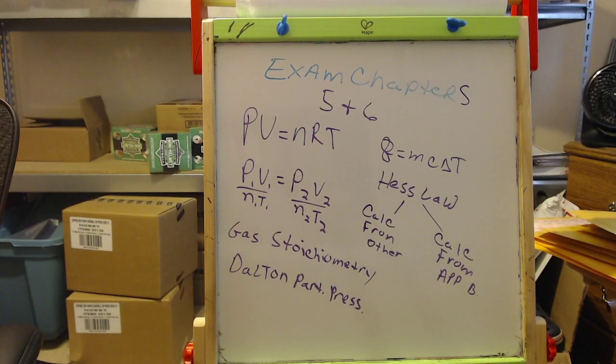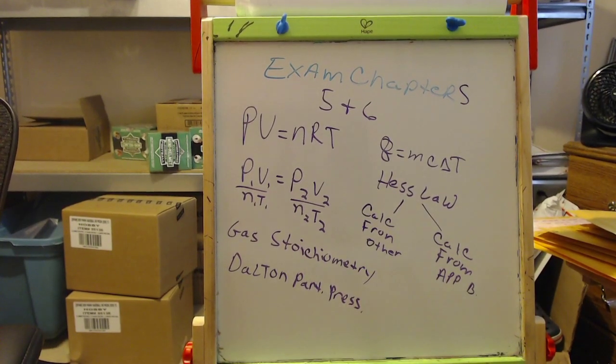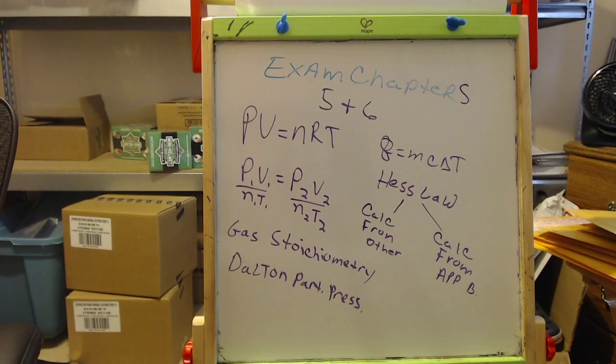Yeah, I could go over 6.38. Let me find it. It says calculate Q when 0.10 grams of ice is cooled from a temperature, and it gives you the C of ice.